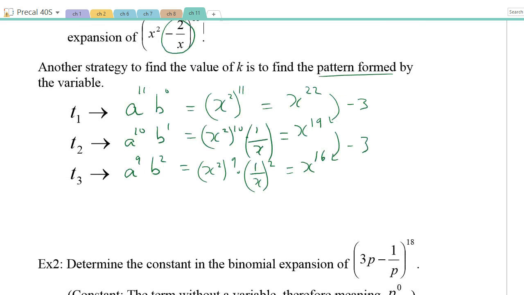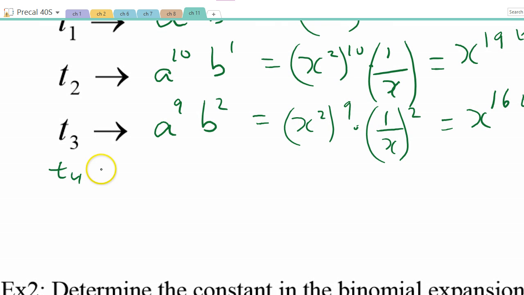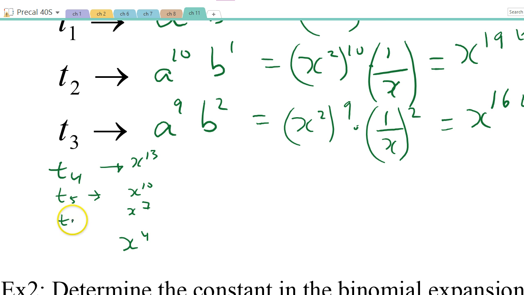Well, let me see here. My 4th term, if I went down by 3 again, would give me an x to the 13th. And then I'm thinking x to the 10th, x to the 7th, ta-da, x to the 4th. So this would be term 5, term 6, term 7.